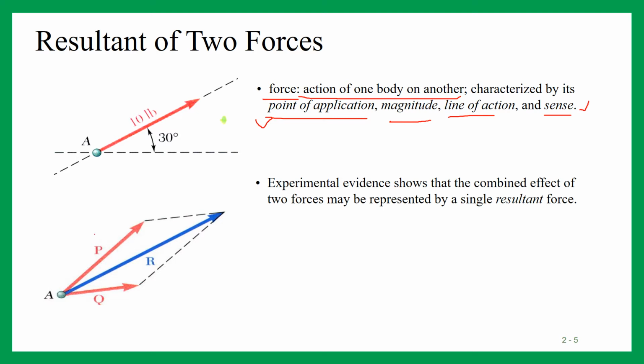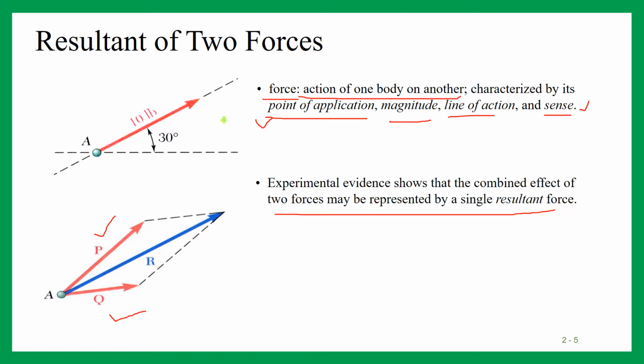Now, suppose we are having two forces, P and Q. So this is the force P, this is the force Q. Experimental evidence shows that the combined effect of two forces may be represented by a single resultant force.